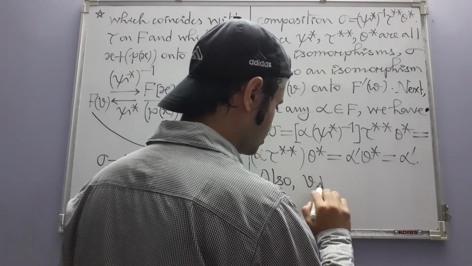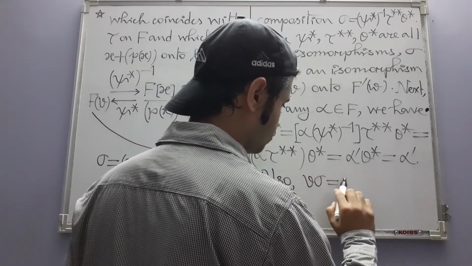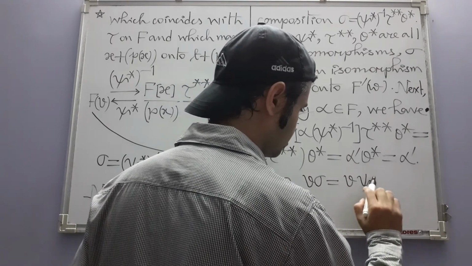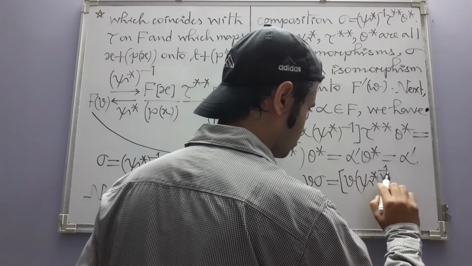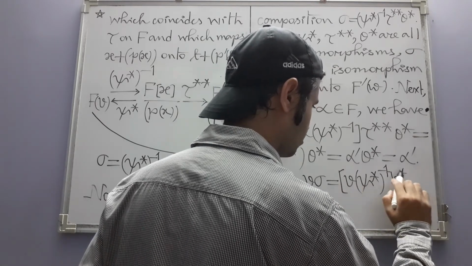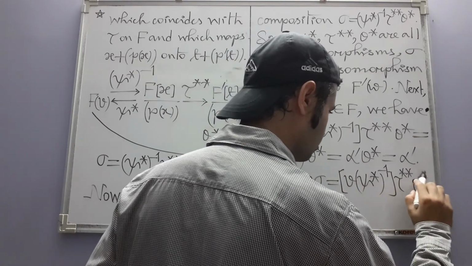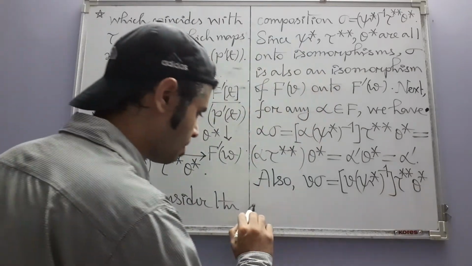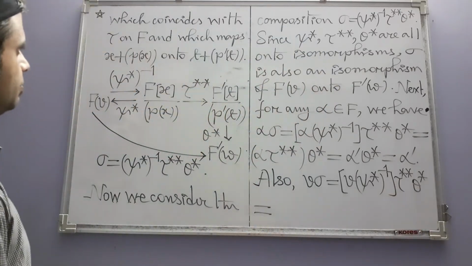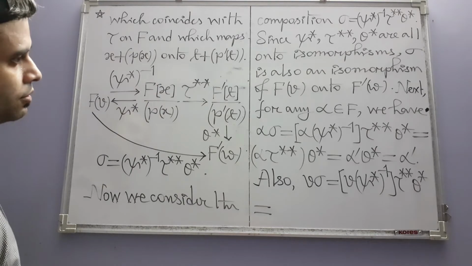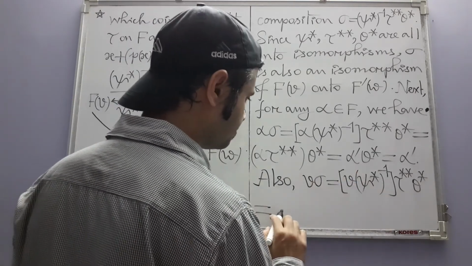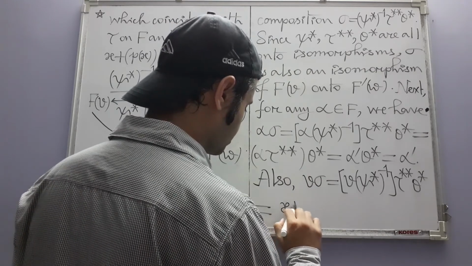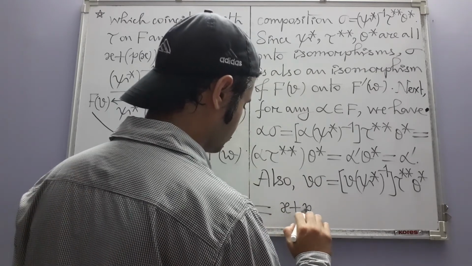V sigma is V psi star inverse. Do we have it here? We don't have it here, but this thing is equal to x plus px.